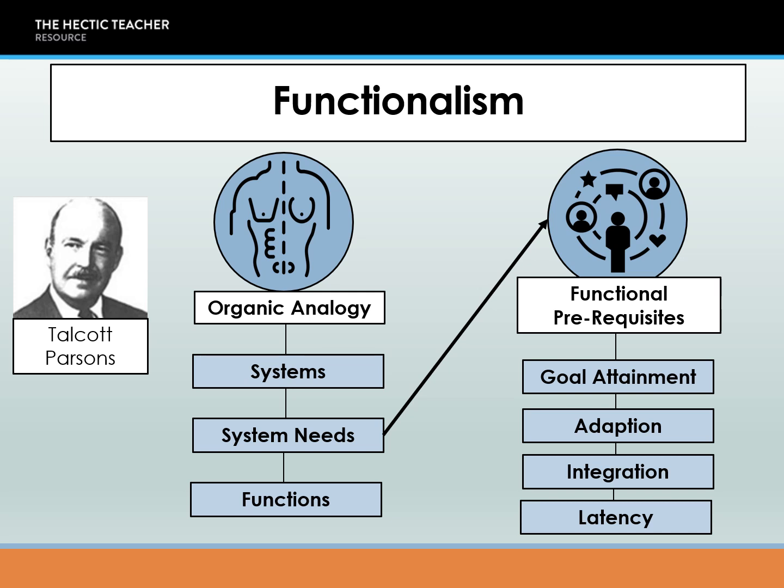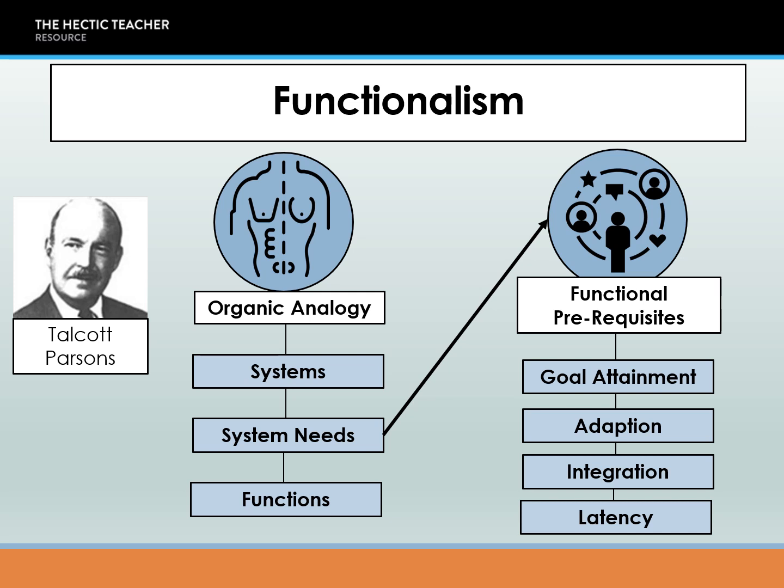We don't necessarily rely on our families. There's still an element of reliance, but not as much anymore. We're not relying on our families to cure us or anything like that. We have the healthcare system to do that for us. So for Parsons, society maintains this consensus, this social cohesion and social solidarity through this idea of the organic analogy.